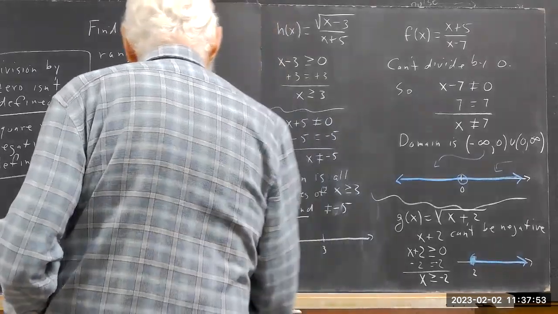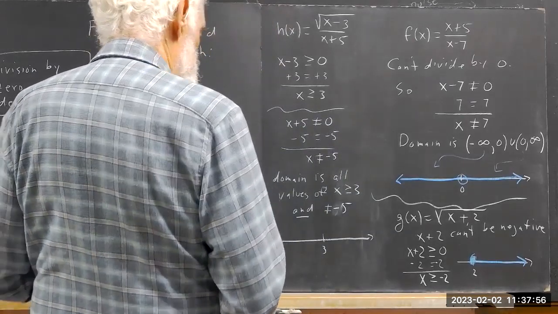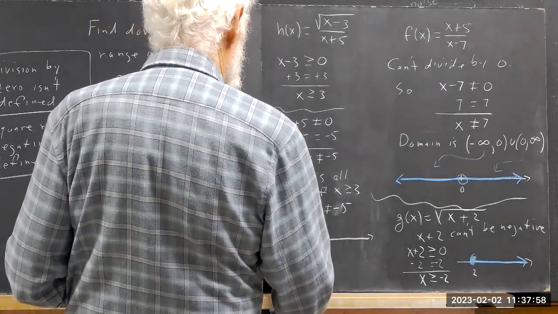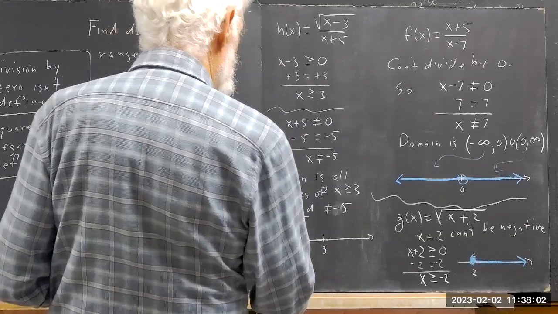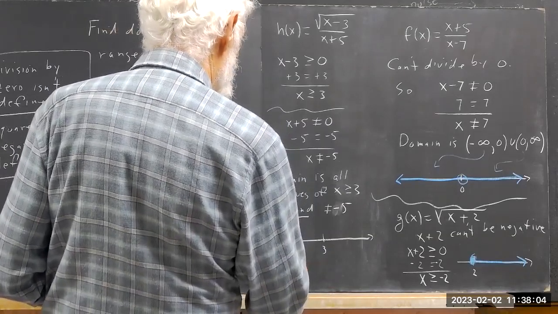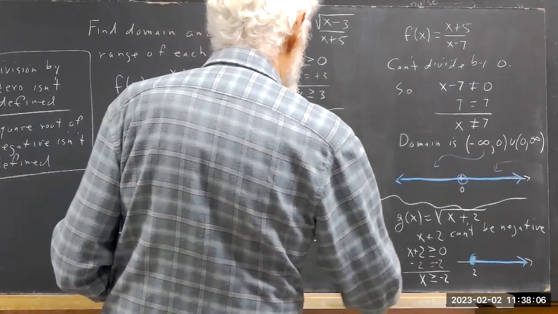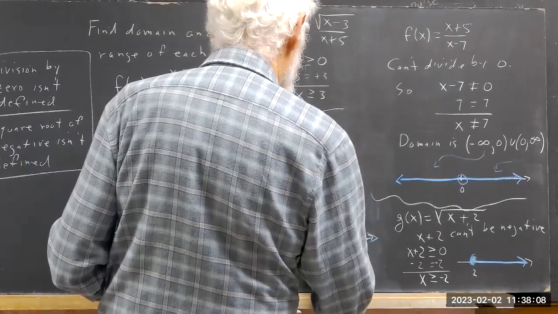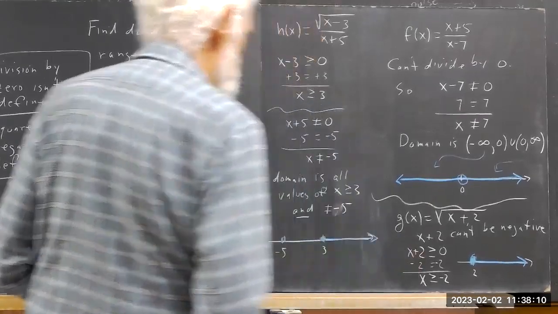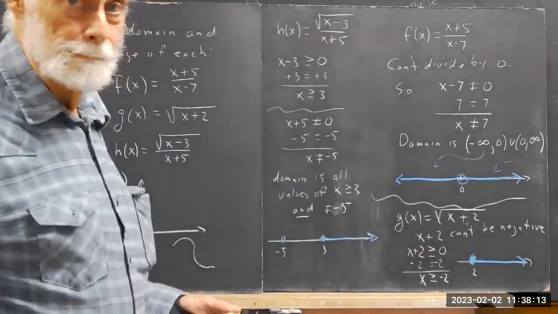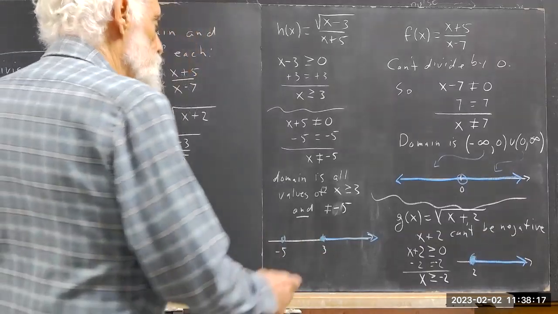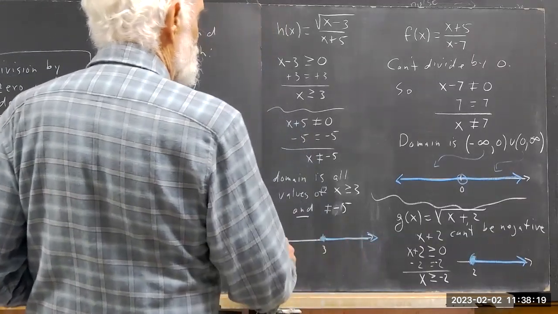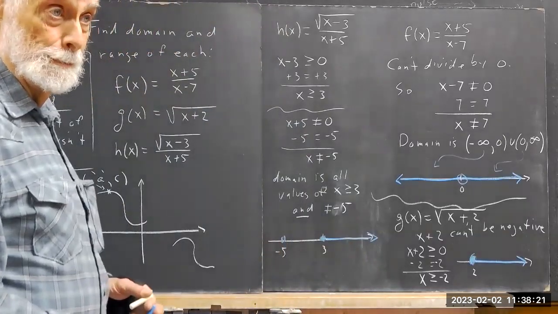Here's 3, and over here is -5. So it can't be -5. It can be 3, or anything greater than 3.